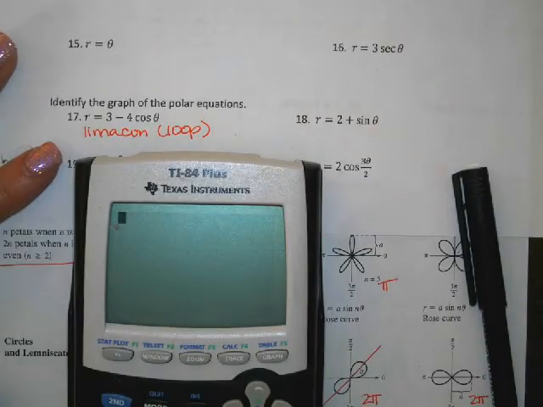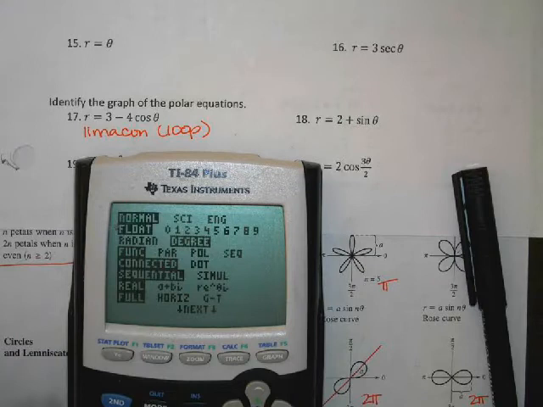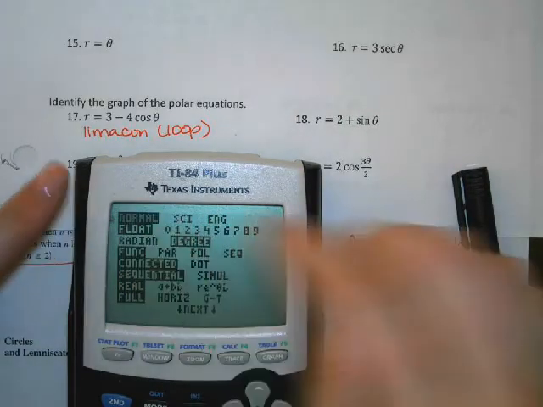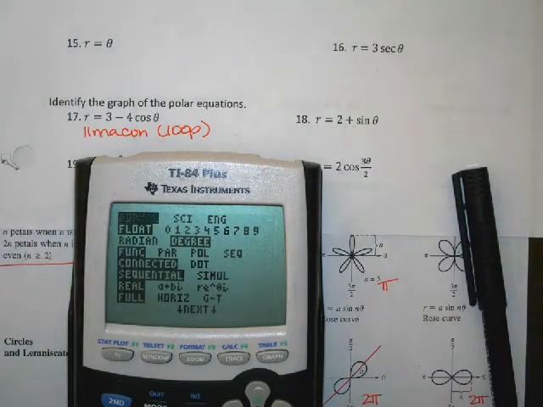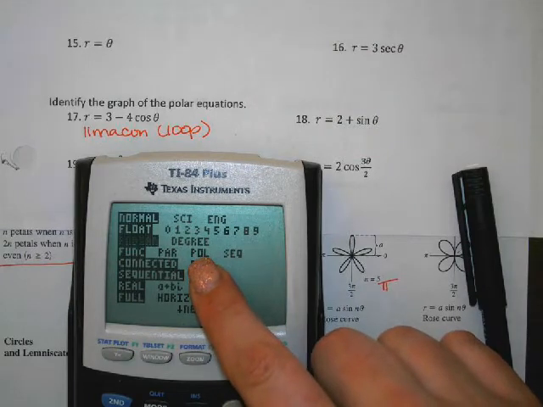And what we're going to do is we're going to hit the mode button. We want this to be in radians because in calculus we always work in radians. And we're going to turn this into polar. So right now you're probably in the function mode.